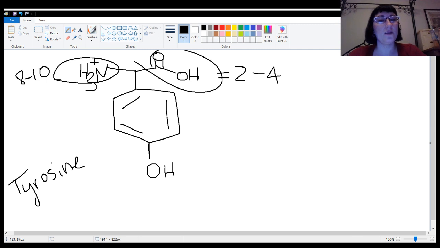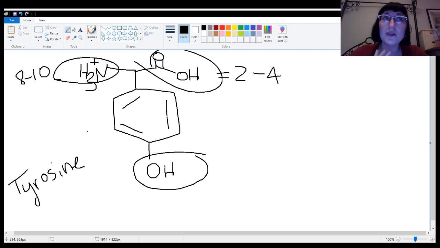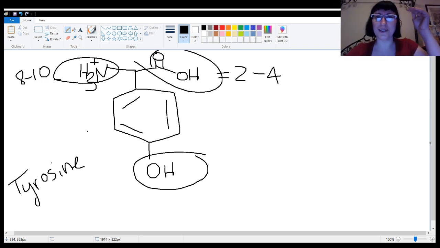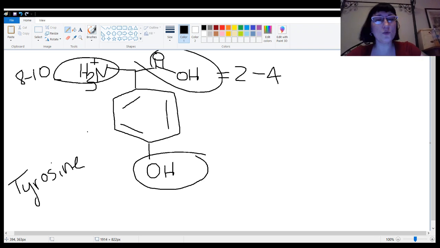And then this one here is not actually what you normally would put for an alcohol. Okay, so normally our alcohols are usually about 16 to 18. They can go down to 15, around the same as water, but I put 16 to 18 so you guys can distinguish them. So this one's pKa is actually around 10.